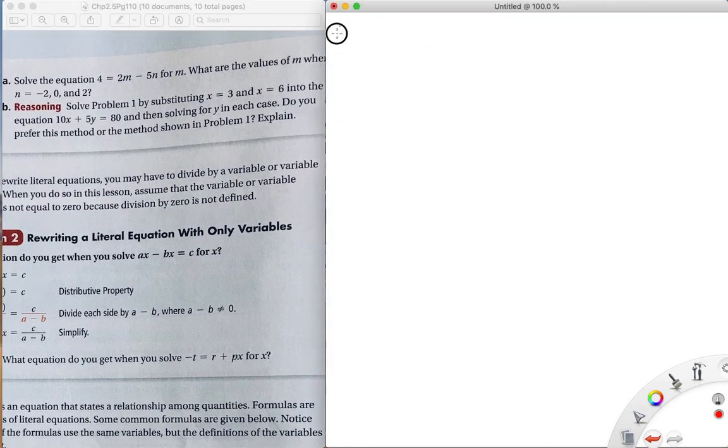Alright, they're asking me for what values of m when n is equal to negative 2, 0, and positive 2.